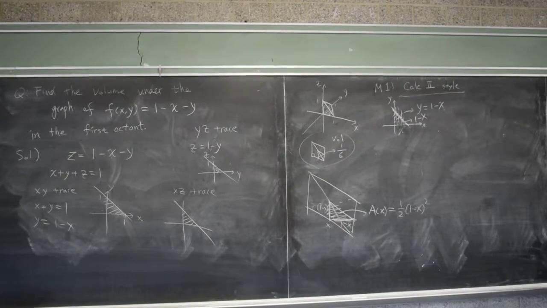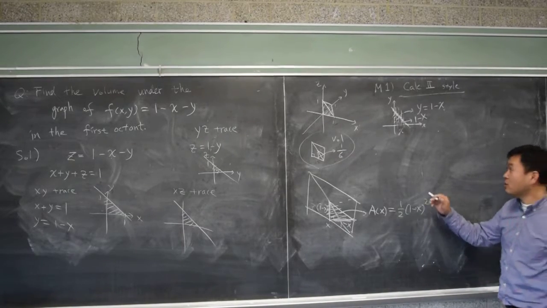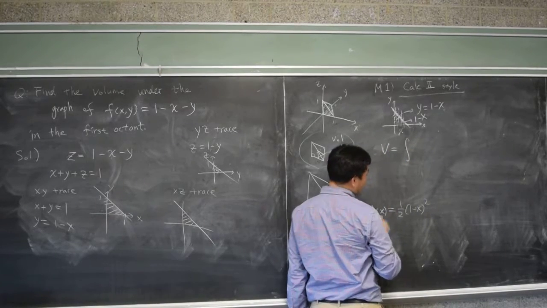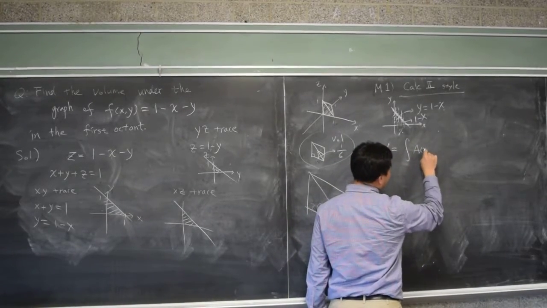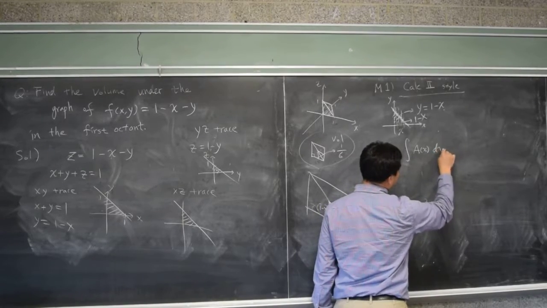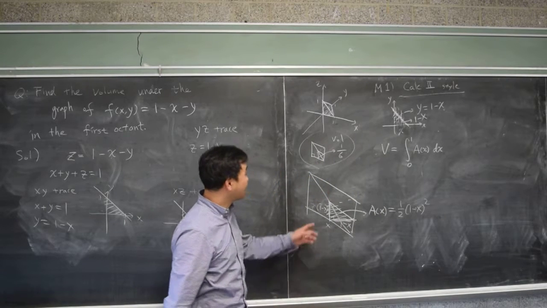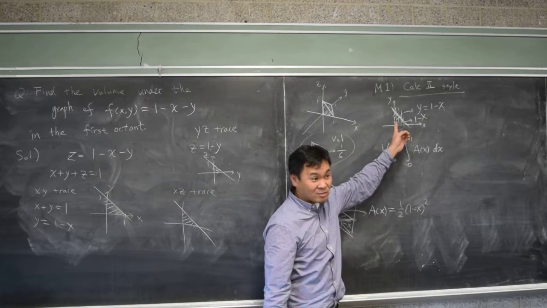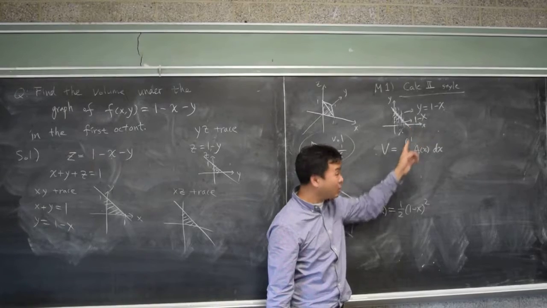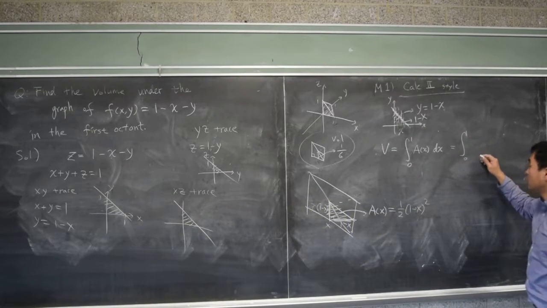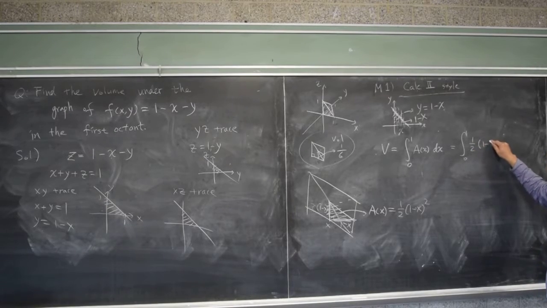You do the integral: the volume equals the integration of the cross-sectional area dx, where x goes from 0 to 1, because the minimum value of x is 0, the maximum value of x is 1. And therefore you get the integral from 0 to 1 of 1/2 (1 minus x) squared dx.